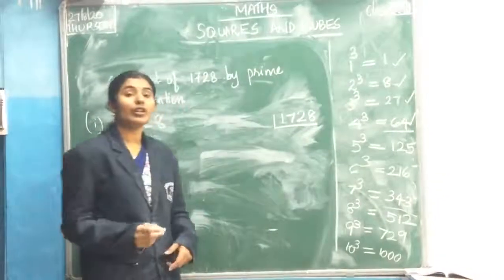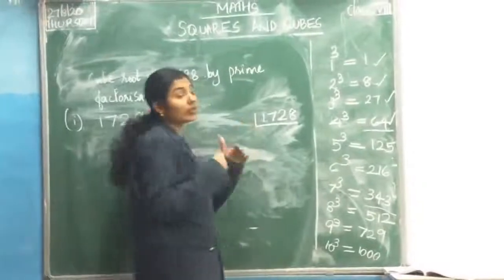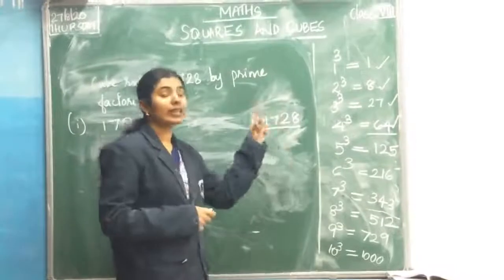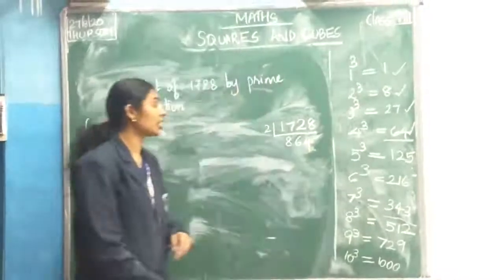When I am factorizing 1728, first we take the first prime number, 2. This one is an even number, so 864.